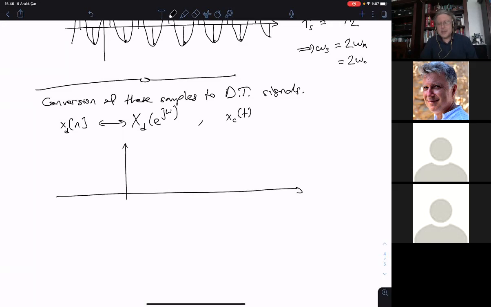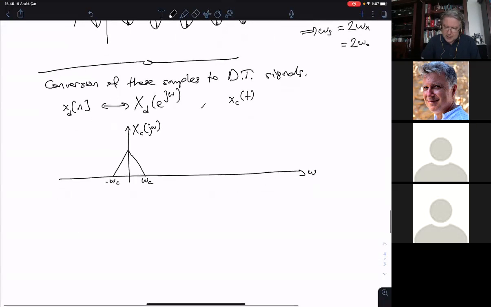X sub c, meaning continuous time. And its Fourier transform was like this. This is just an illustration. Don't even assume that all the signals will be triangular like this. X sub c of j omega. This is the Fourier transform between minus omega c and omega c on the frequency axis.